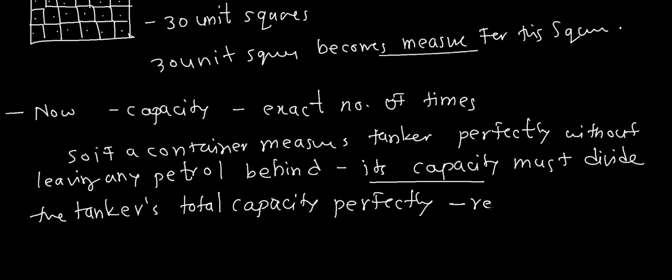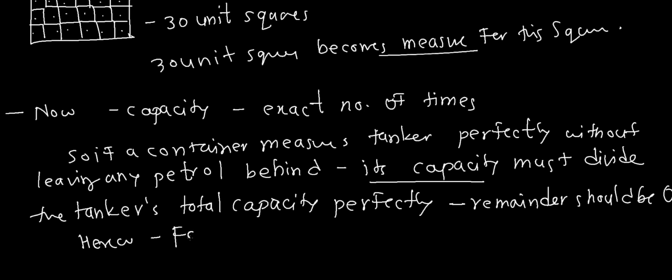Perfectly means remainder should be 0. That means here we are talking about the concept of factor. We are looking at a factor.